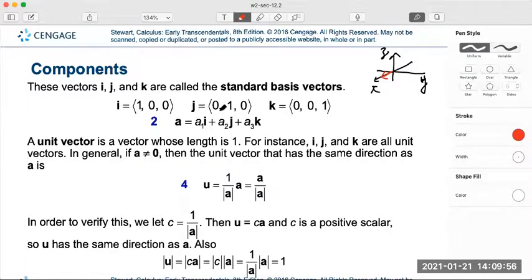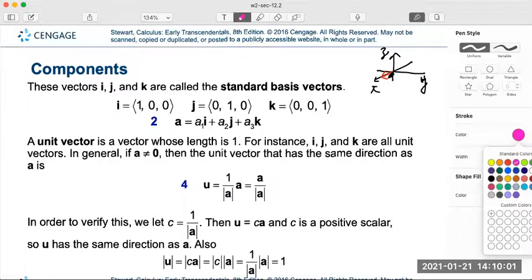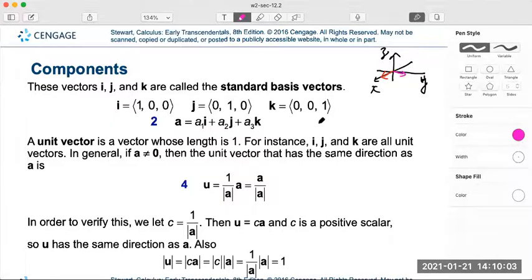The vector J is 0, 1, 0, the purple vector here. And K is the unit vector of OZ, which is 0, 0, 1. So this is a basis, because any vector A in this coordinate system we can write as the sum A1 I plus A2 J plus A3 K.